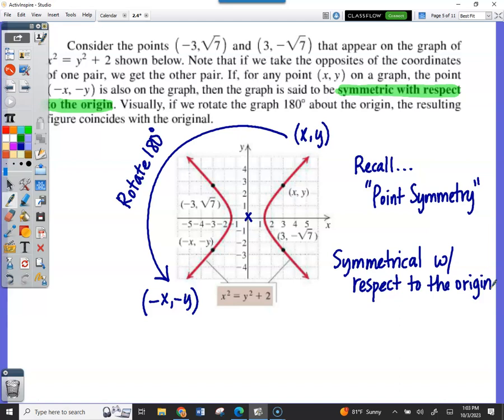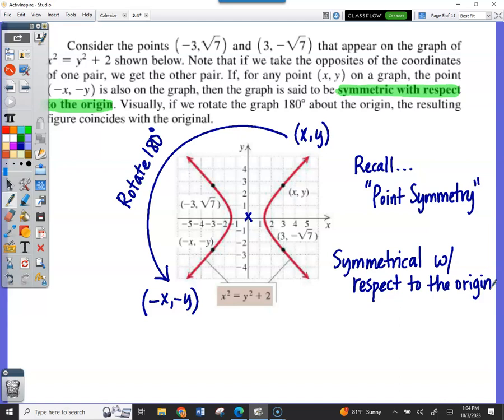Okay, so we just covered 3 slides to give you the visuals of when it's symmetric to the y-axis, symmetric to the x-axis, or symmetric to the origin. Now we're going to do slides to cover the algebra behind what we just talked about. That's the layout here. So what you just saw is the visual.